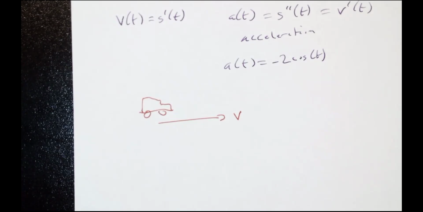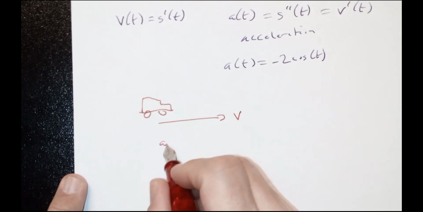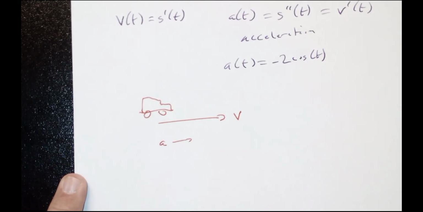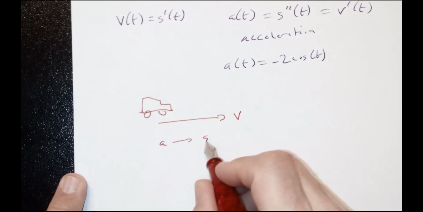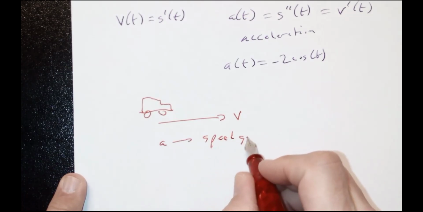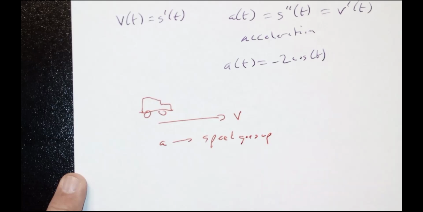If I accelerate to the right, my speed goes up. What if I accelerate to the left? How would you accelerate to the left when you're moving to the right? I have brakes, right? That's what a brake does. It accelerates you in the opposite direction. What happens to my speed? It decreases.